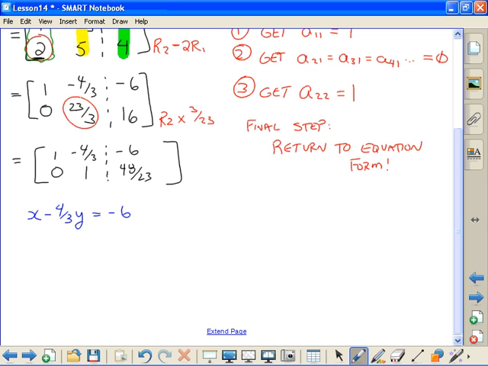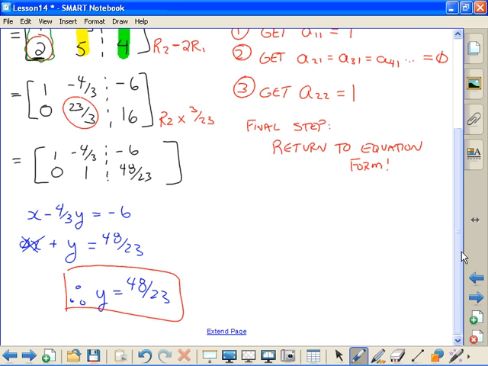My second equation is 0x, which means that's not there at all, plus y equals 48 over 23. So therefore, a matrix will spit out a final answer for you. You know that y equals 48 over 23.